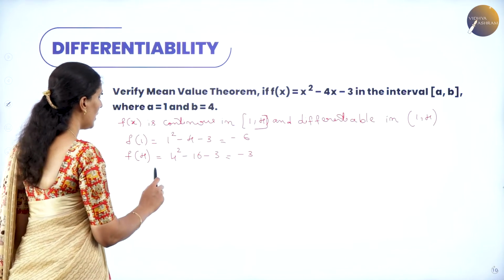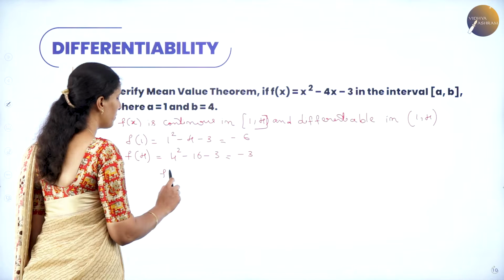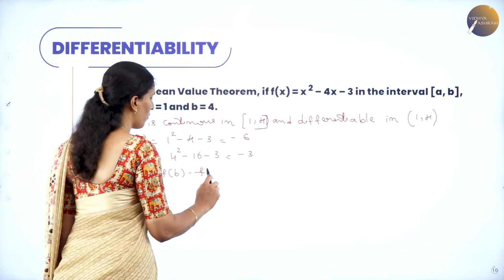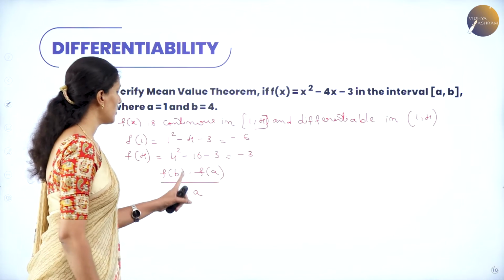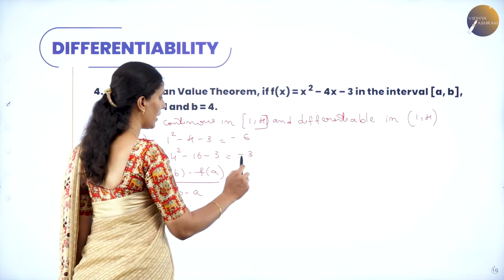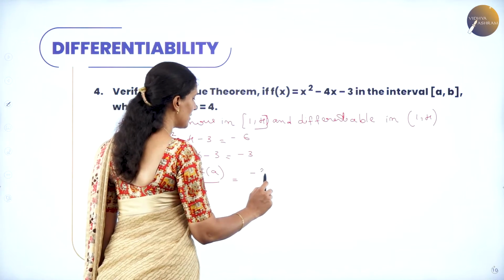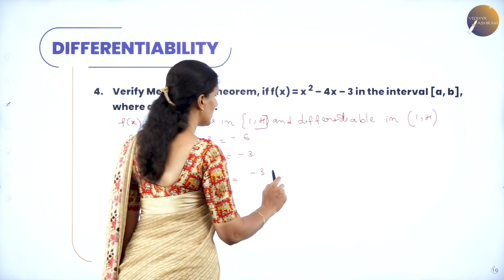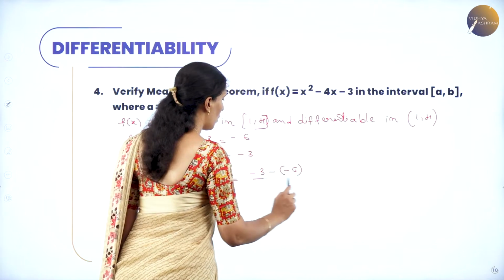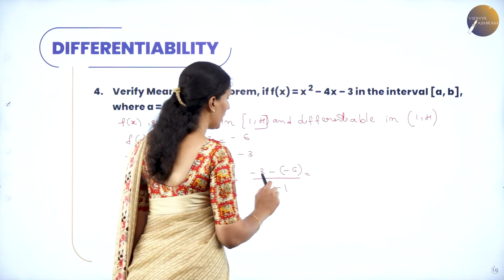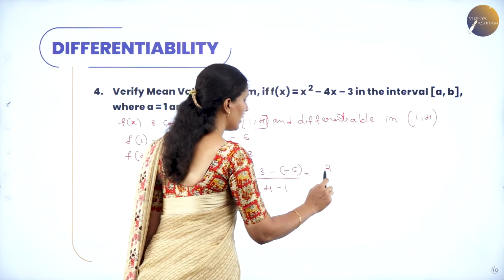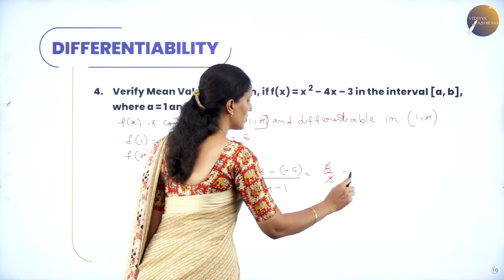So now let's verify f of b minus f of a divided by b minus a. So f of b is minus 3, f of a is minus 6, so minus of minus 6 whole divided by 4 minus 1. So here it becomes 3 divided by 3 which is equal to 1.